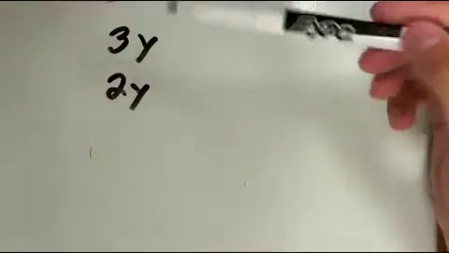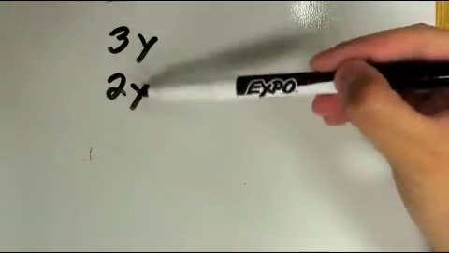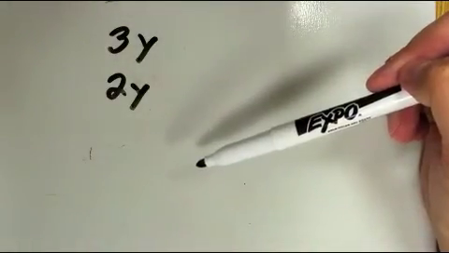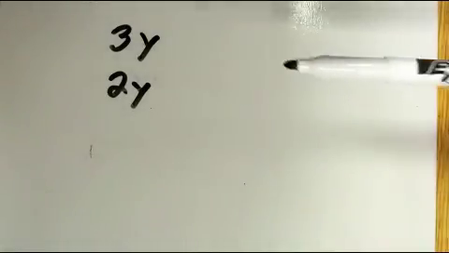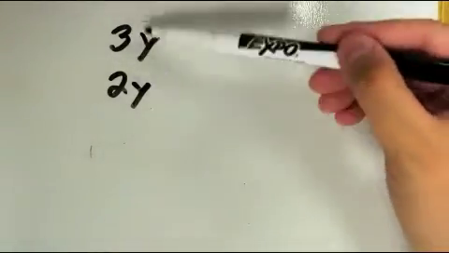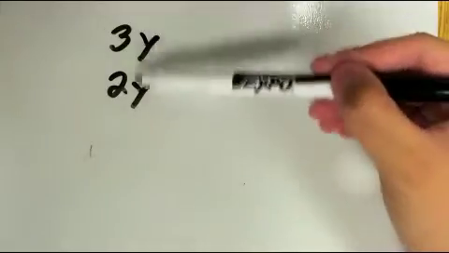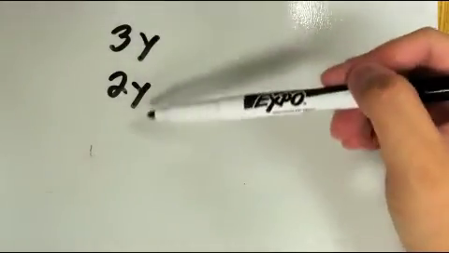Will this eliminate? That's the first question you always ask. If I add those together, I get 5, right? Not going to eliminate. So we want to get the same number, but opposites. So we're thinking about multiples now. We need to make these bigger so that they're the same. What's the nearest multiple that these two numbers can become?